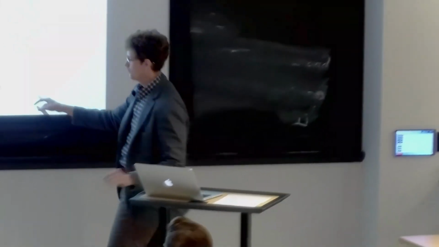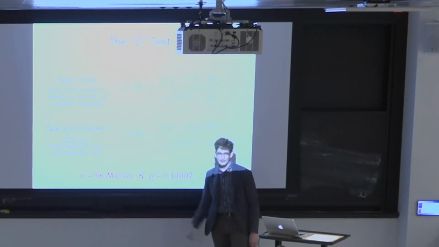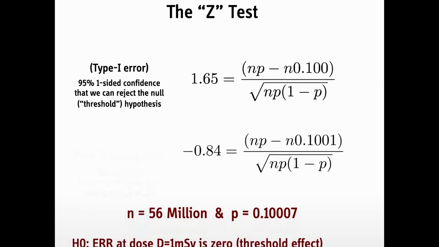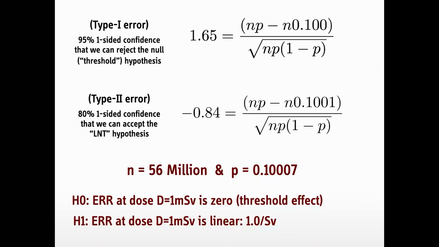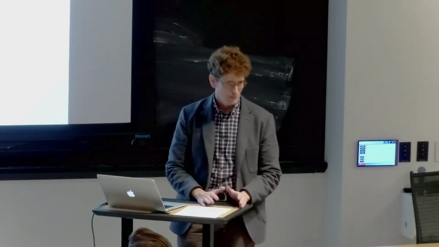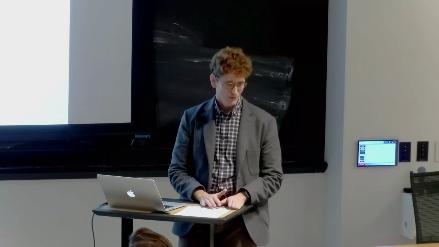If your observed incidence of cancer rate deviates from this, you will potentially need a larger population. So here's the issue. Everything we've done underestimates the difficulty of seeing the threshold.